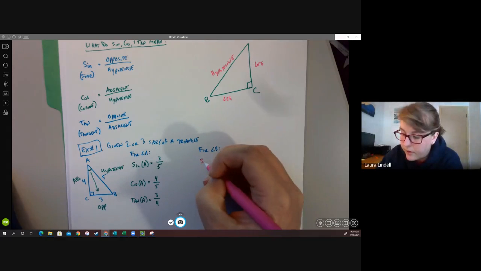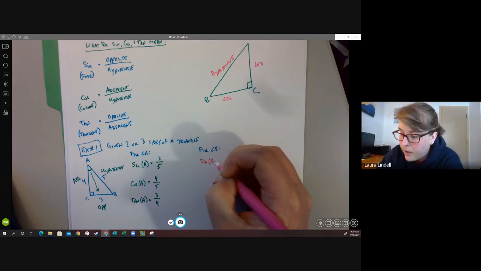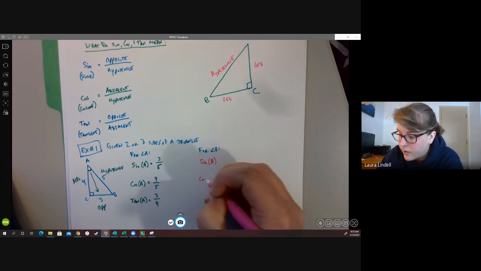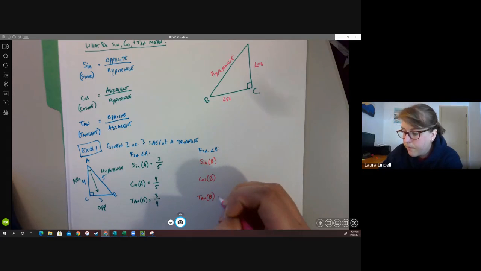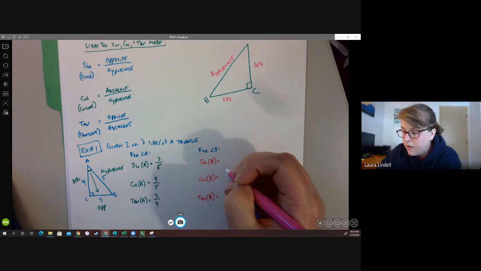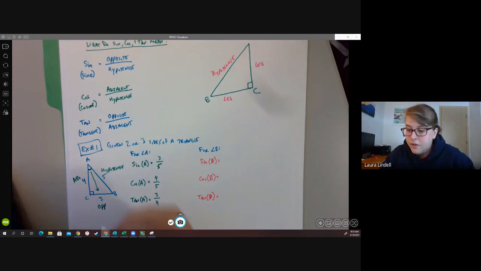Next, we're going to want the sine of B, the cosine of B, and the tangent of B. So this time, if we're looking with respect to angle B, what's the opposite side going to be for angle B?